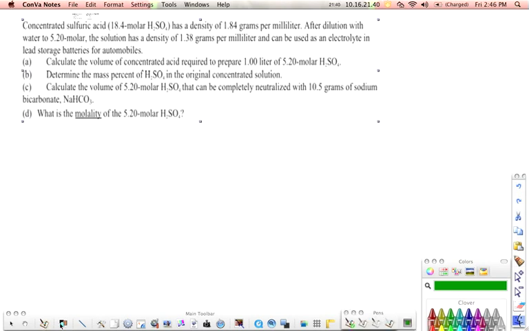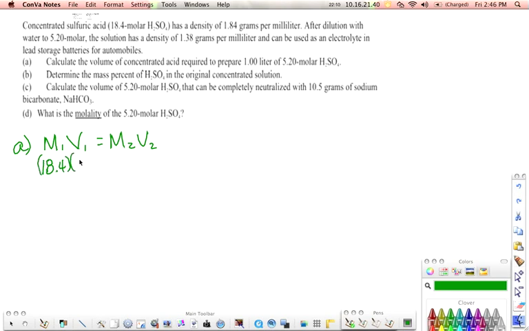Okay. Next question deals with sulfuric acid and dilutions, and looks like a little bit of a neutralization. Whenever they are talking about a dilution, you get to use M1V1 equals M2V2. So our original molarity was the 18.4.